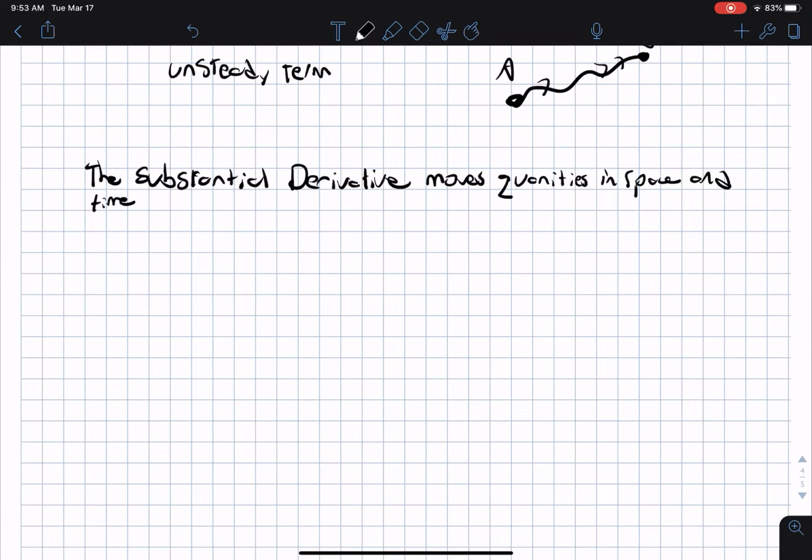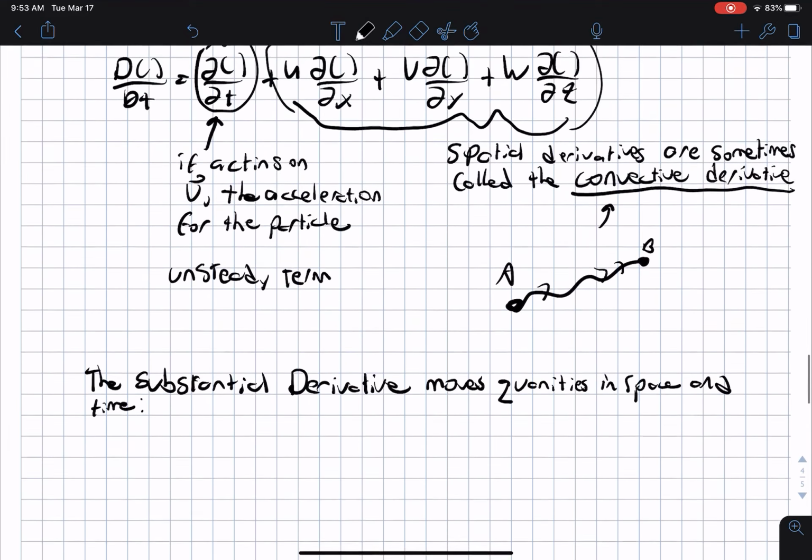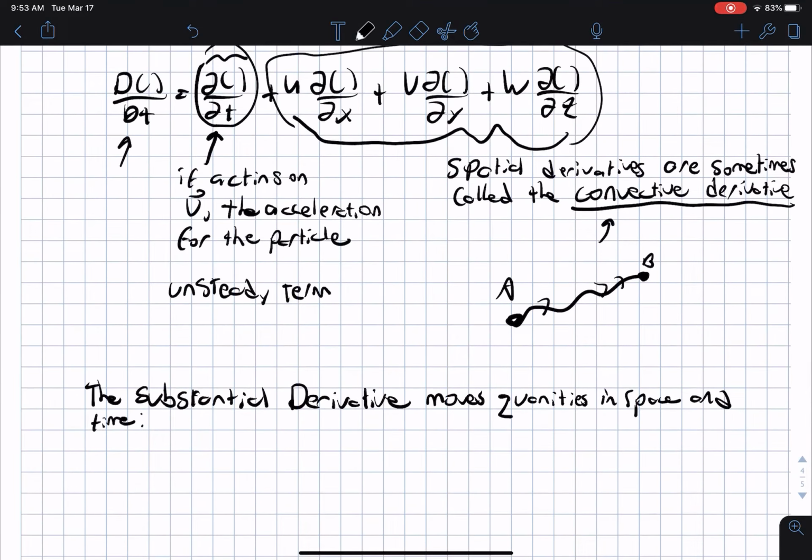Okay, so all this crazy substantial derivative operator does is it just moves things around. Okay, with the exception of v for the acceleration.